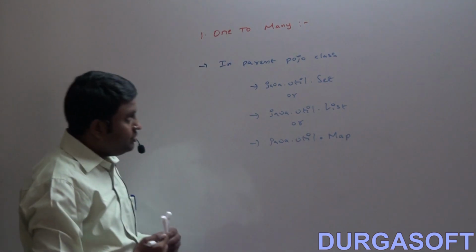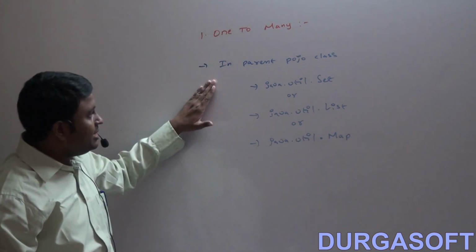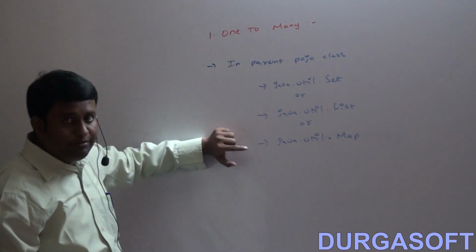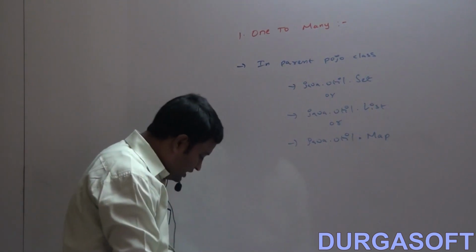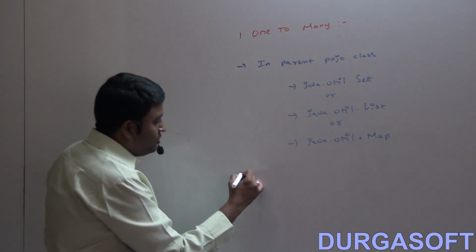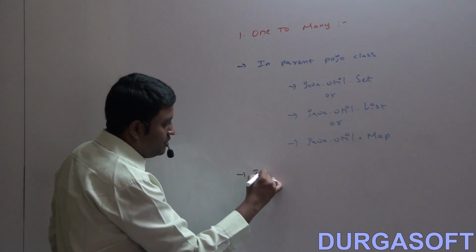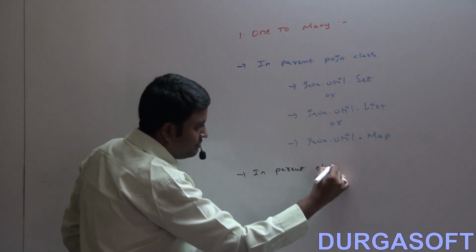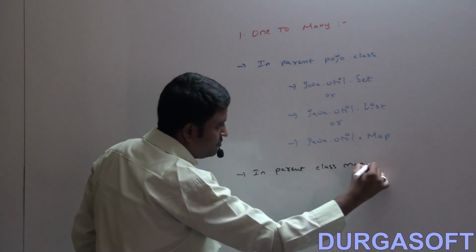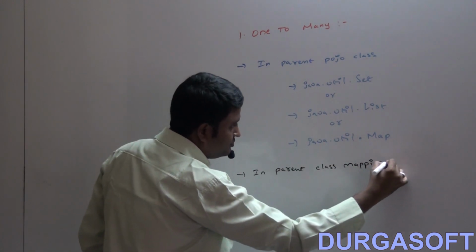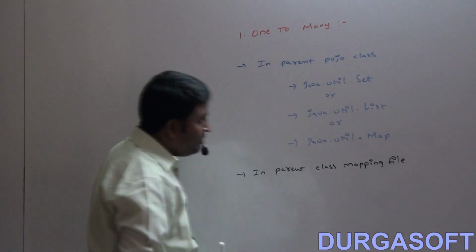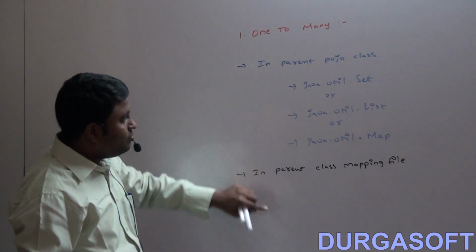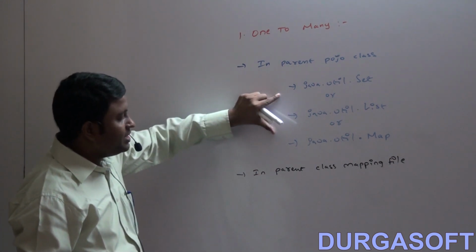We can take the child property in a parent class as a set, list, or map property. Second, in the parent class mapping file, we must take one corresponding collection property to map this child property.